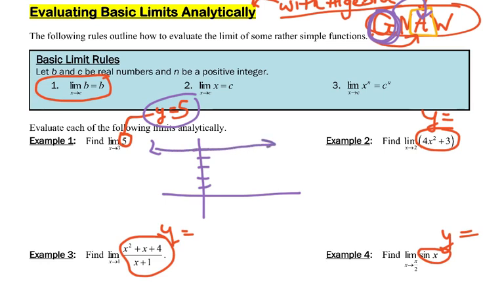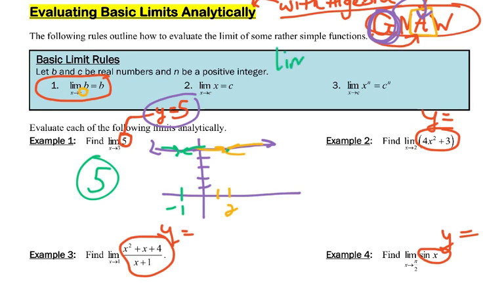So it makes sense that regardless of what the c is, whether it's 2 or whether it's -1, the limit as we approach any constant of a constant function, I'm up on that line no matter what. So that would just be 5. I'm on a horizontal line, it's up at 5, so my y values are 5 everywhere.